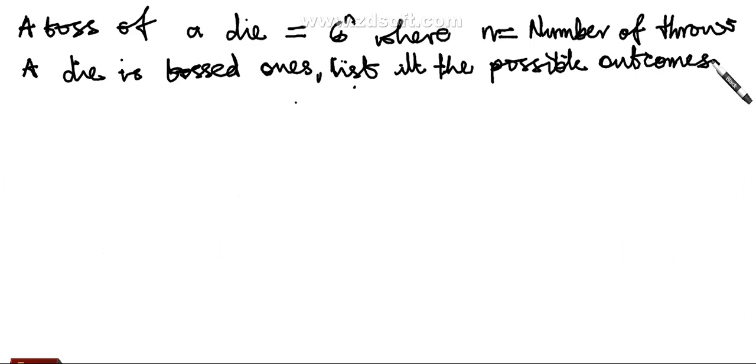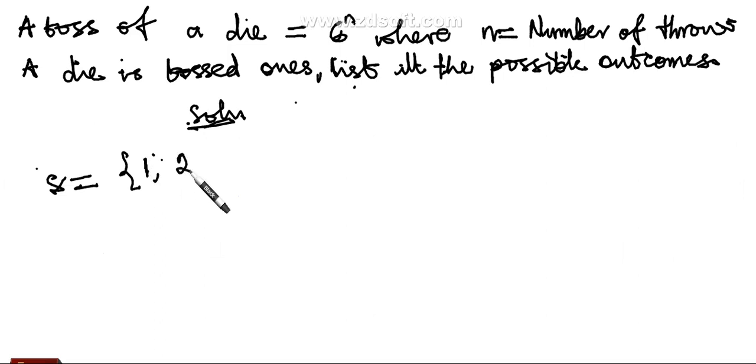To list all the possible outcomes, we are going to have our sample space. So our solution: our sample space S will be equal to, we always put it in braces, 1, 2, 3, 4, 5, and 6.